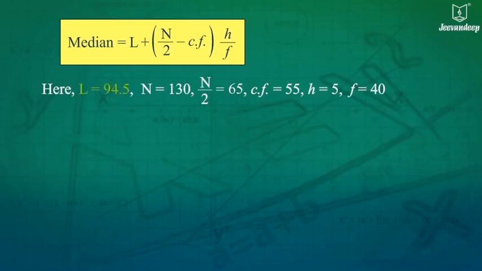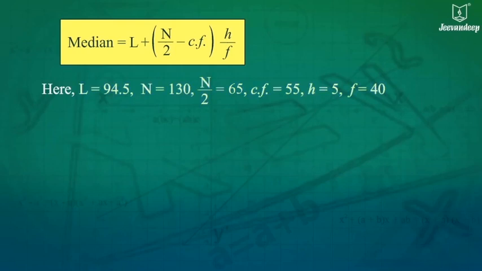Here, L equals 94.5, N equals 130, thus N by 2 equals 65, CF equals 55, H equals 5, F equals 40.